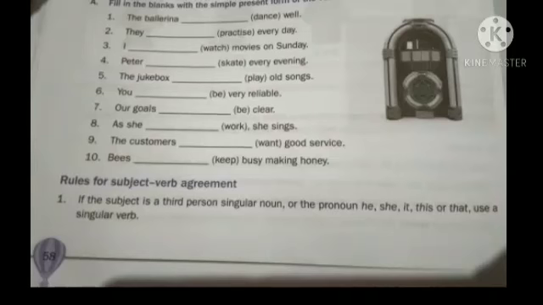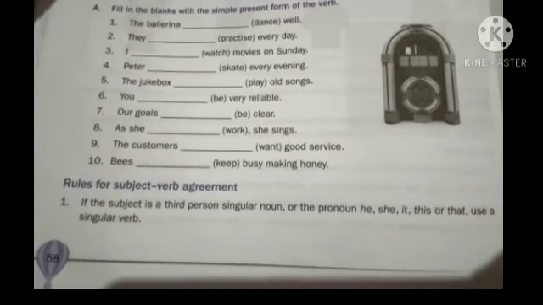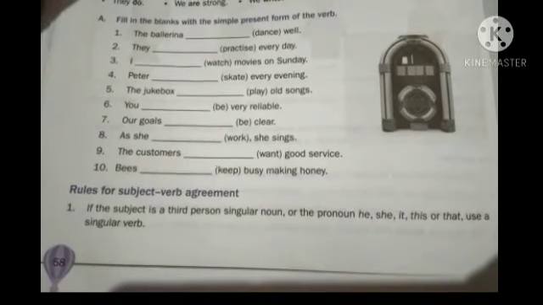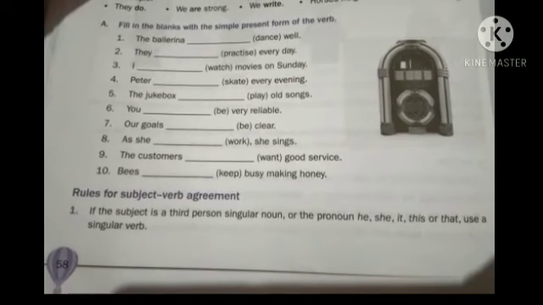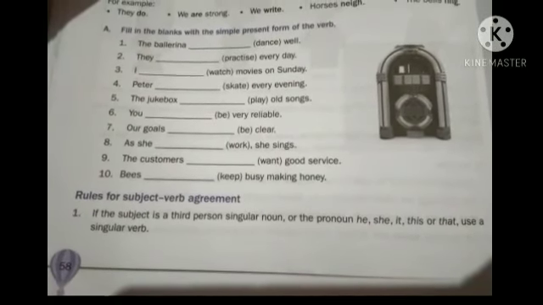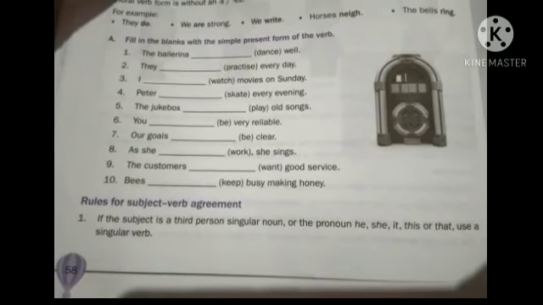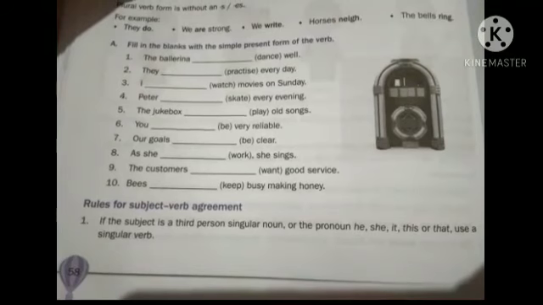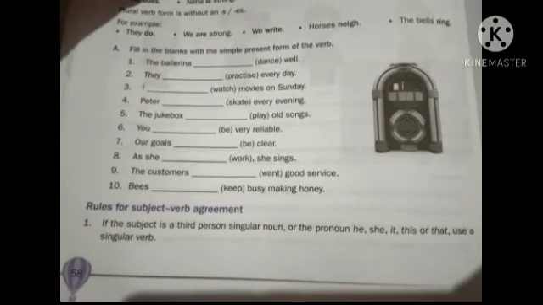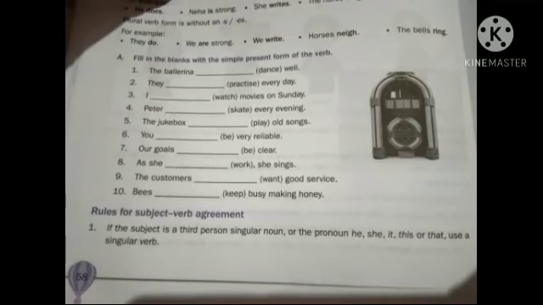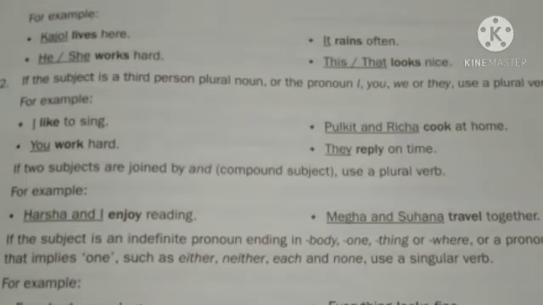When we are addressing the third person, we use he, she, it, this or that. At that time, I'll be using a singular verb because I am addressing a singular person, a singular subject. He, she, it, this, that are all singular. So along with a singular noun, I'll be using a singular verb.